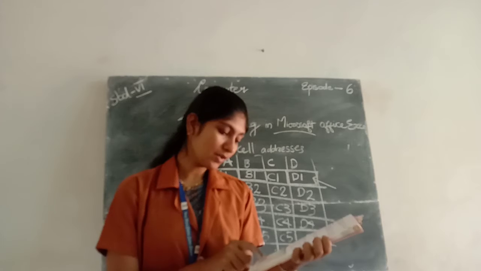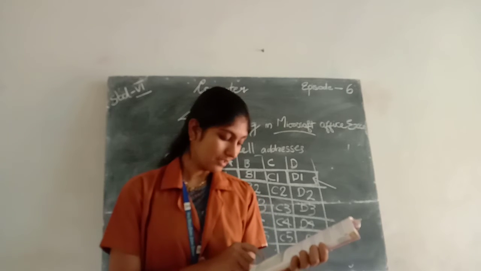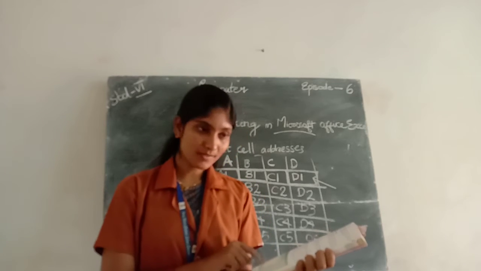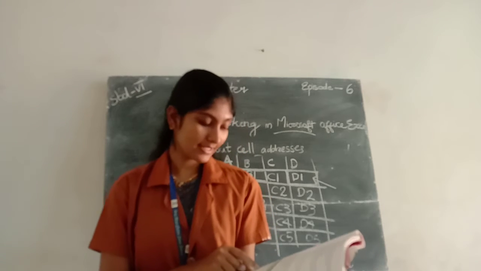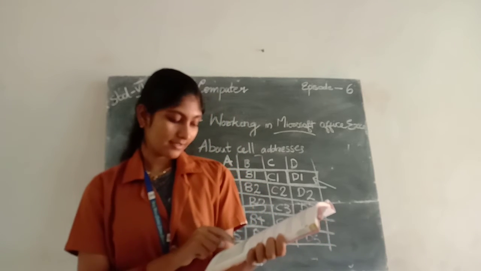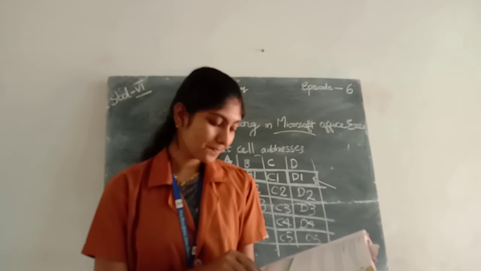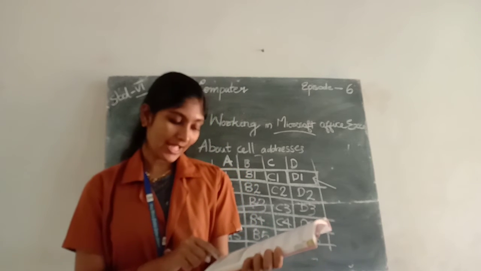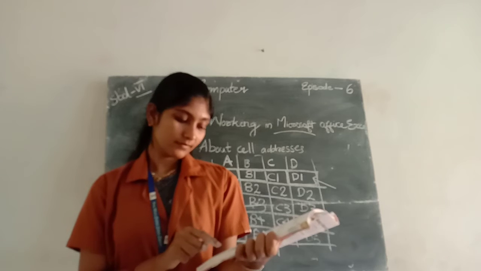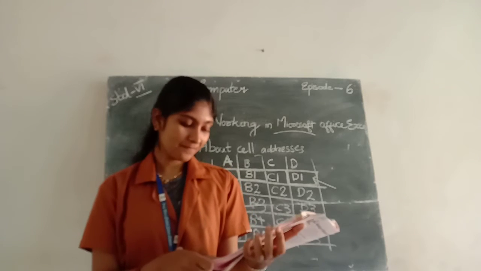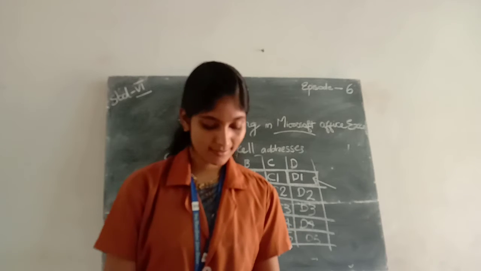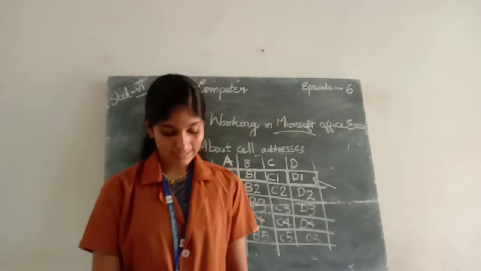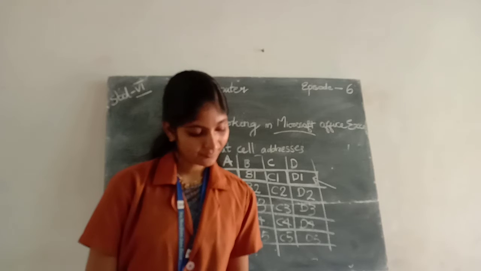Next in the same row G6. Then in the last row, seventh row, the address of the first cell is C7, fourth cell F7 and sixth cell H7. So now I think you understand how to write a cell address.